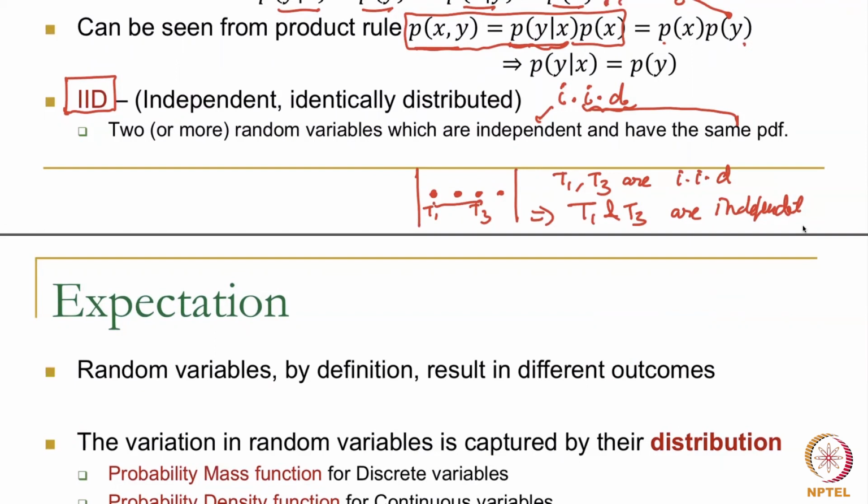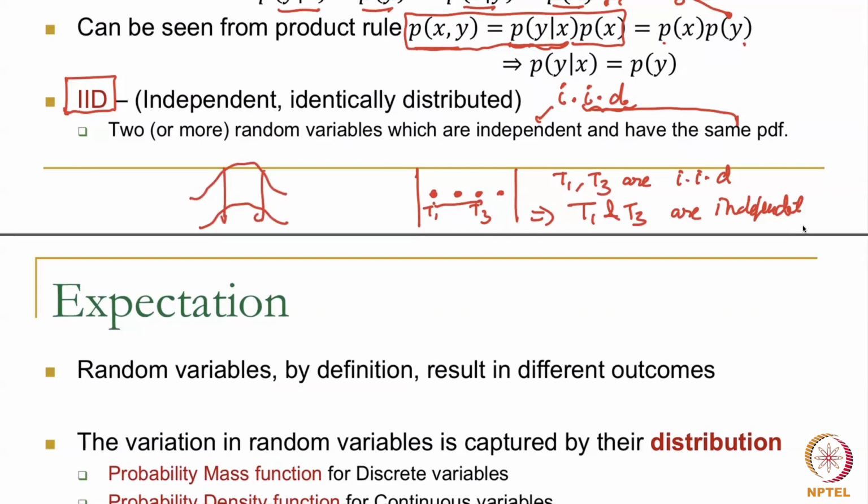Second part is identically distributed. What that means is that if both of them have a probability distribution function, they look the same. Now, this does not mean that both of them have exactly the same values at each time. Obviously, that would mean they are not independent.